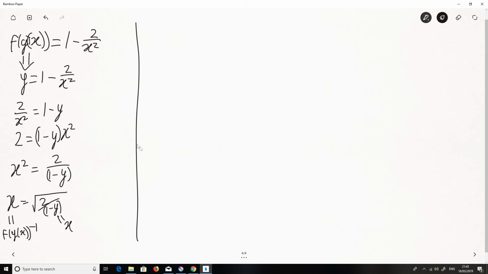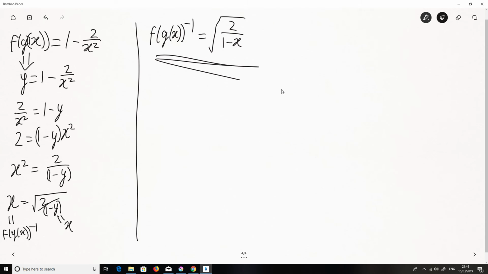So doing that, we get f of g of x to the minus 1 is equal to 2 over 1 minus x square rooted. Let's just make that square root a little bit neater. Square rooted.